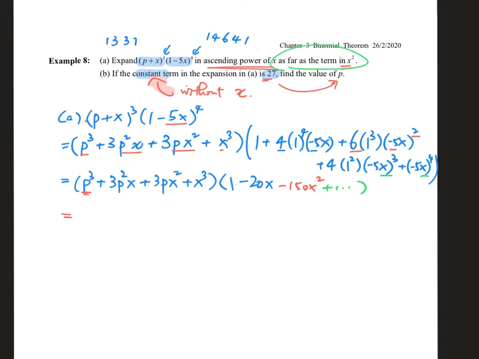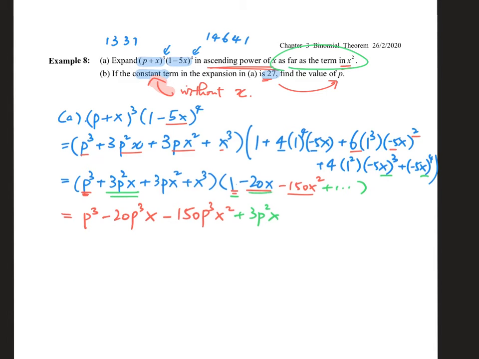Now let's expand p cubed first. p cubed and 1 is p cubed. p cubed and minus 20x is minus 20p cubed x. p cubed and minus 150x squared is minus 150p cubed x squared. Next I have 3p squared x times 1. You have 3p squared x here.